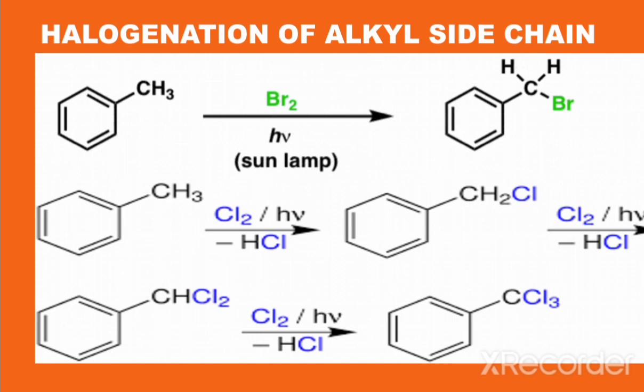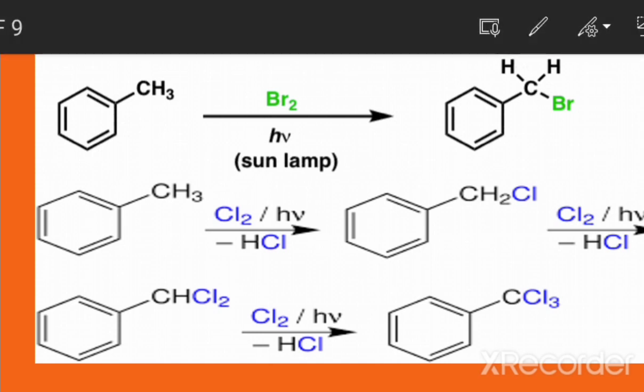And this carbon has three hydrogens, and the halogen will replace one of the three hydrogens that is attached to the carbon of the substituent group.